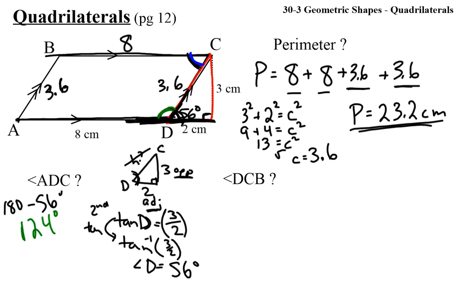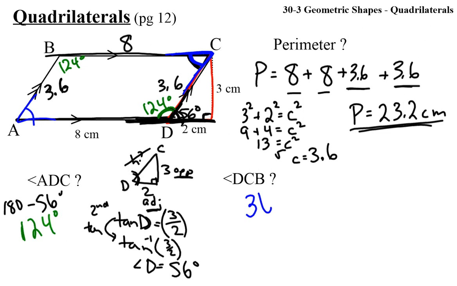And now we want angle DCB, which is this angle here. Well, remember, what do we know? In a parallelogram, we have 124. We have 124 there because they have to be the same. And then parallelogram opposites will also be the same.